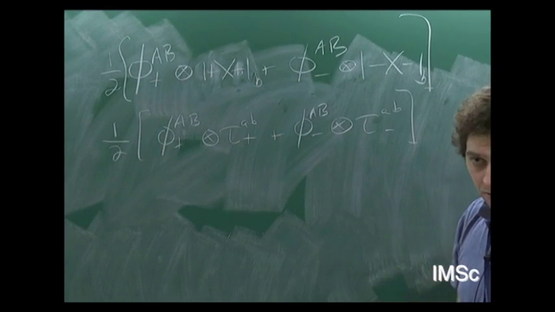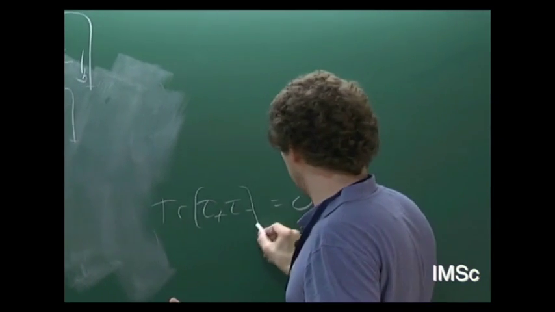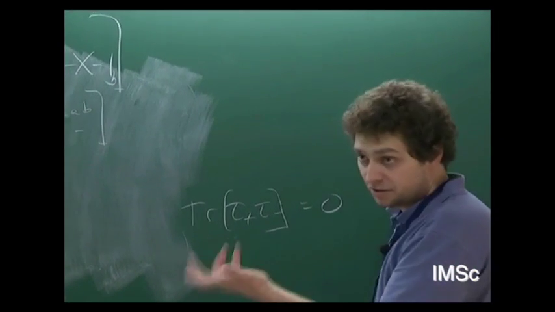Tau plus and tau minus will be mixed states, but for now think of them as orthogonal. They may not be locally orthogonal, right? So I just mean the supports are orthogonal.